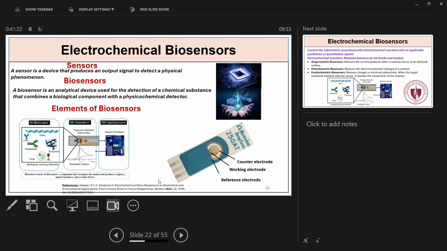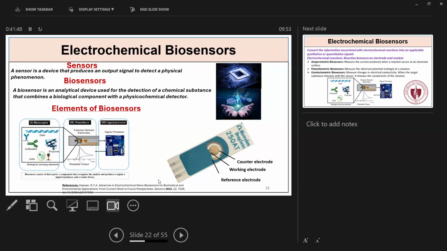That biological signal will be transduced. These transducers will convert those biological signals into electrochemical signals and pass them to the signal processor. The biological recognition event will be recognized by these transducers and converted into readable outputs.